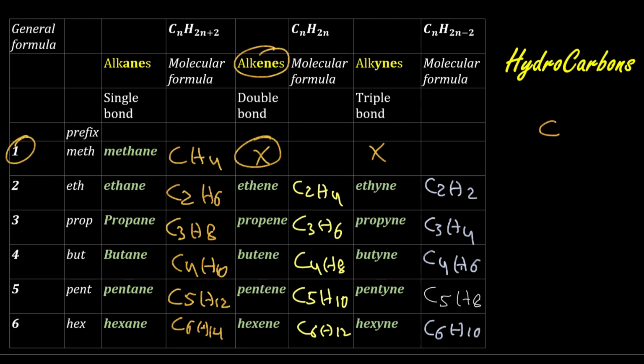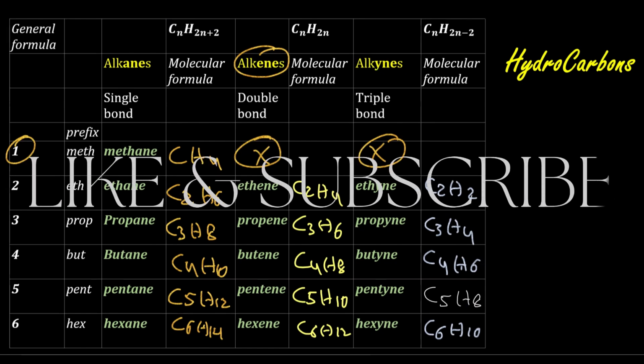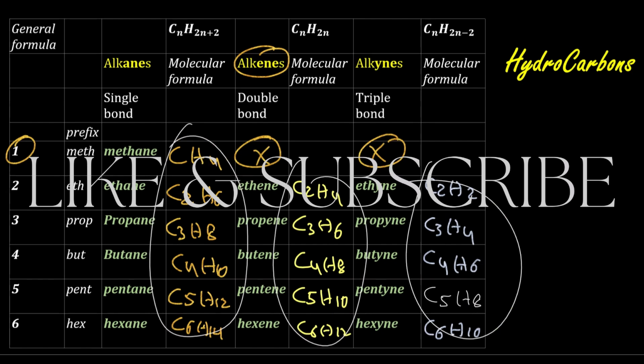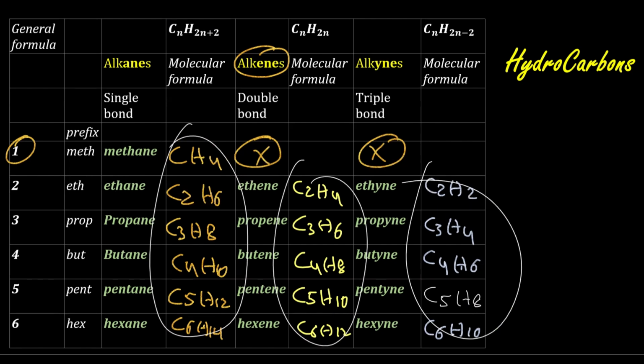Similarly, a triple bond cannot be formed, so we don't have methene or methyne. When I write the structural formula of these compounds, more clarity will come as to why these do not exist.